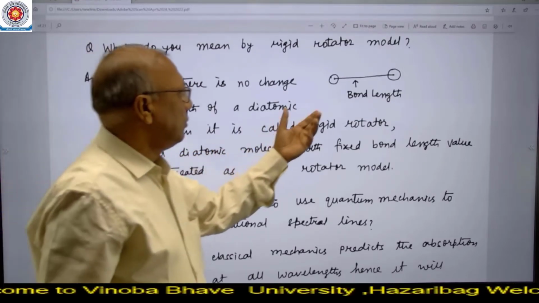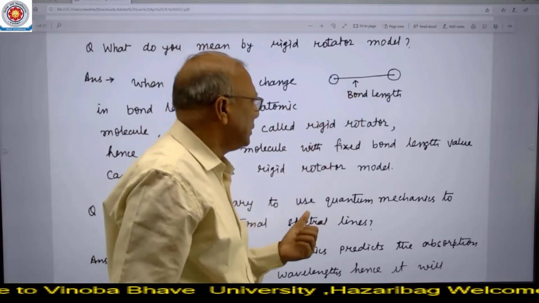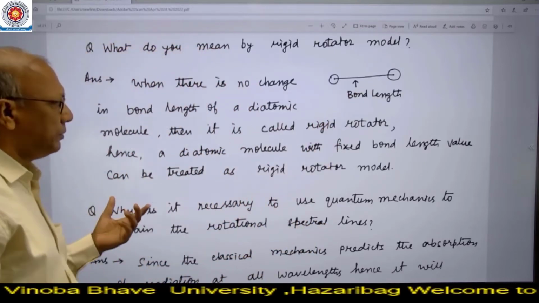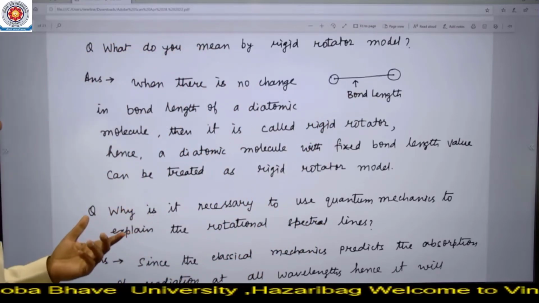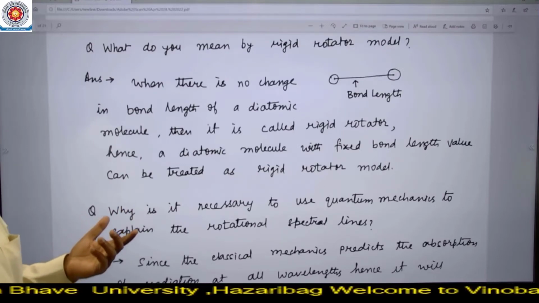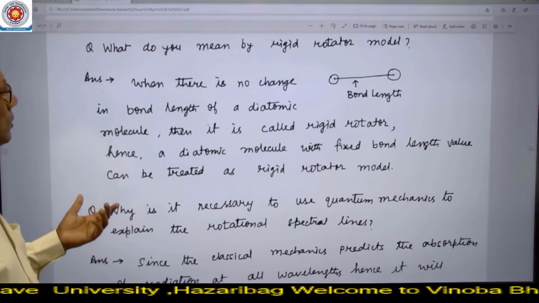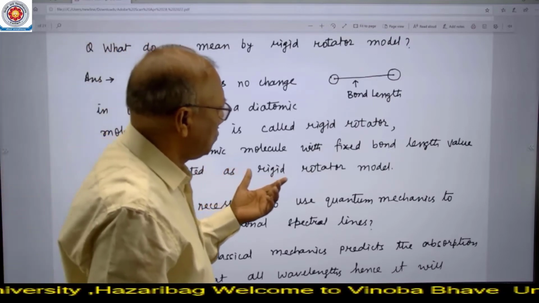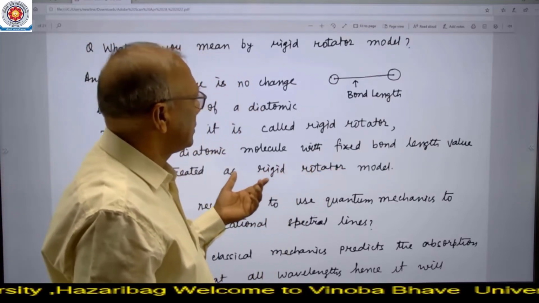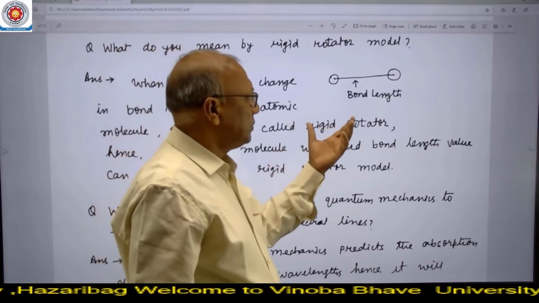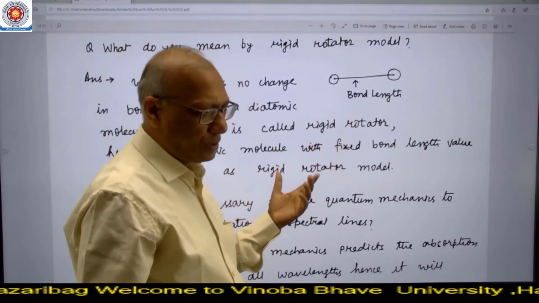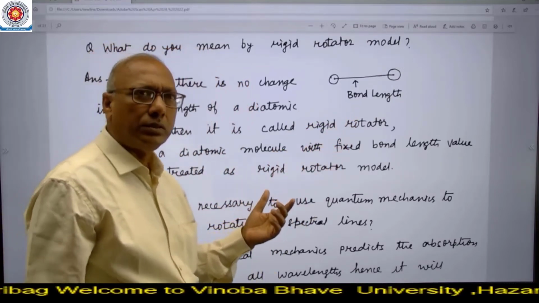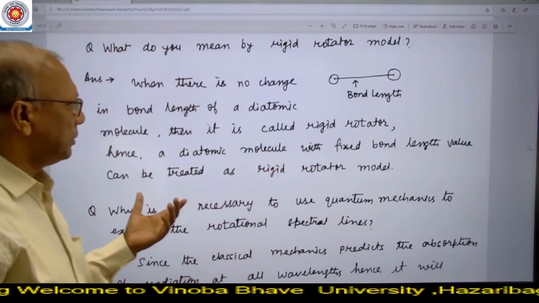And if during rotation this bond length changes, then it will not be called a rigid rotator, it will be called a non-rigid rotator. So in rotational spectroscopy, our first assumption is that the bond length between the two atoms of a molecule is not changing, and hence it is called a rigid rotator.